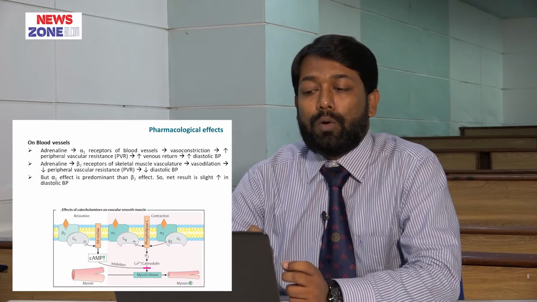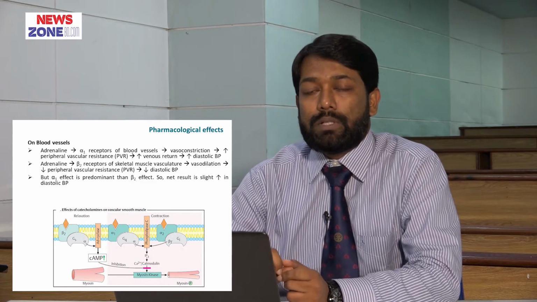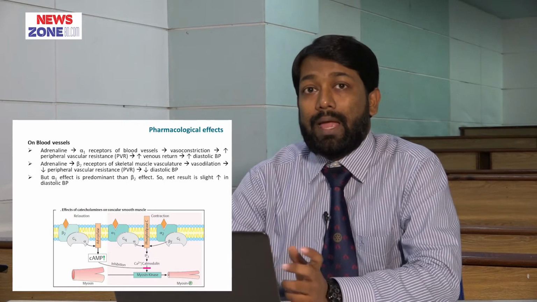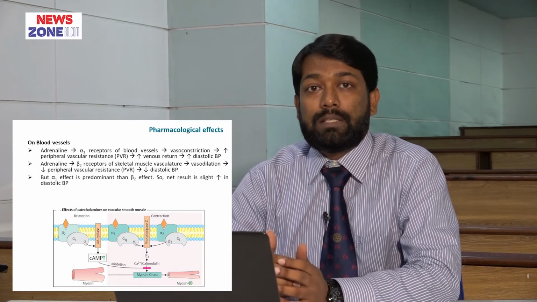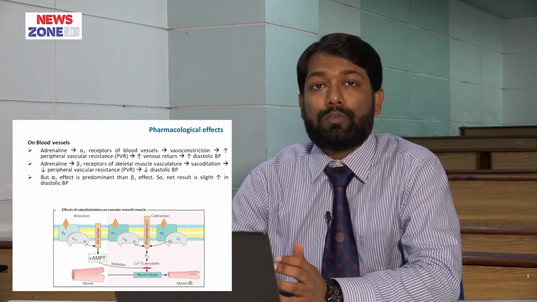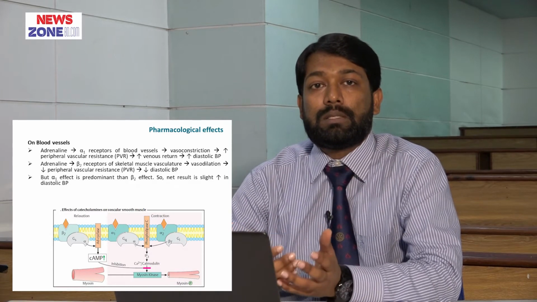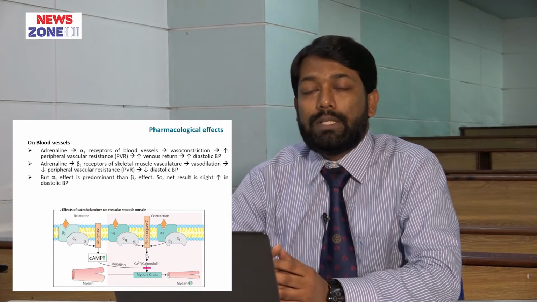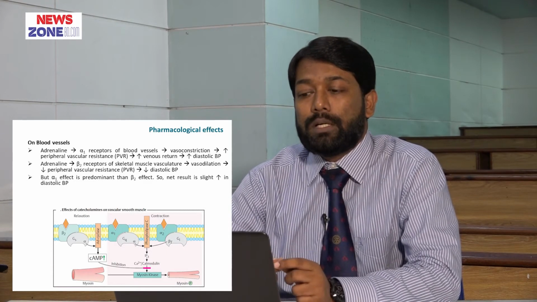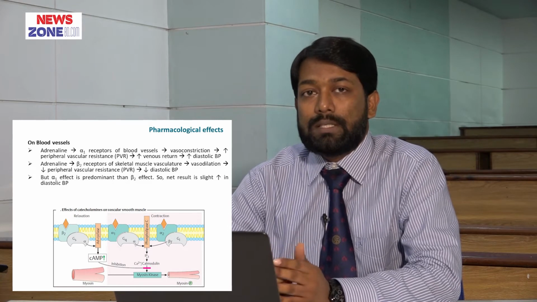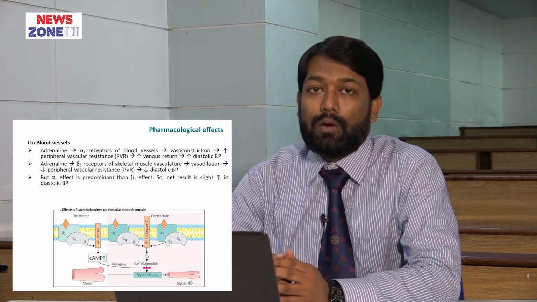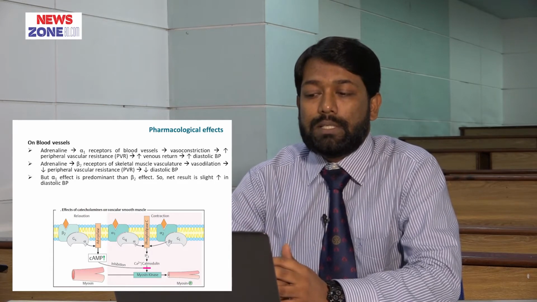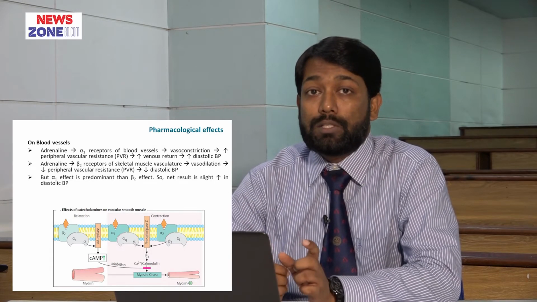Furthermore, there are also beta 2 receptors present in skeletal muscle vasculature. As we have described previously, you should remember the sites of occurrence of different sympathetic receptors. Adrenaline binds with beta 2 receptors of the skeletal muscle vasculature, causes vasodilation, decreases peripheral vascular resistance and decreases diastolic blood pressure.